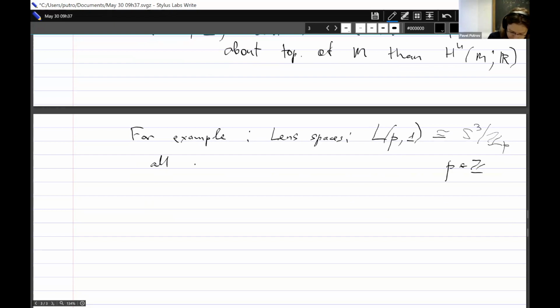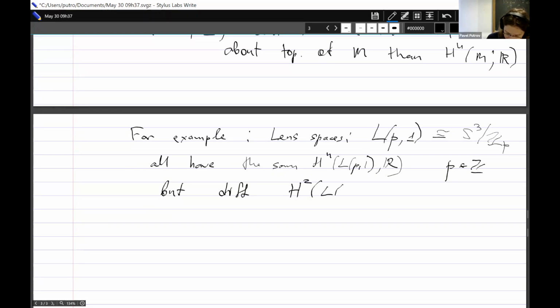For all p, they have the same homology with real coefficients, but different homology with integer coefficients. In particular, the second homology is isomorphic to Z_p.